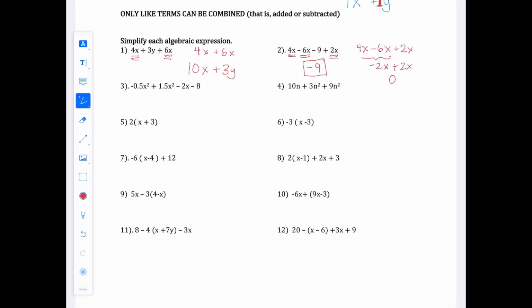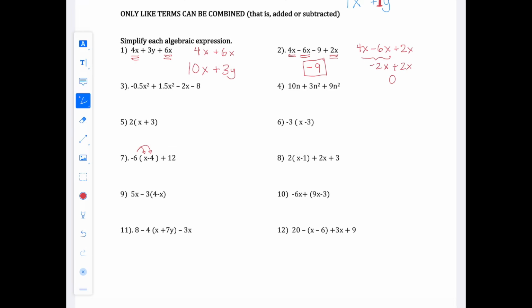Let's jump around and see if we can work some of the other problems. Let's look at 7, for example. For 7, I have negative 6 multiplied to that quantity x minus 4, and then plus 12. You'll remember one of our properties is the distributive property.